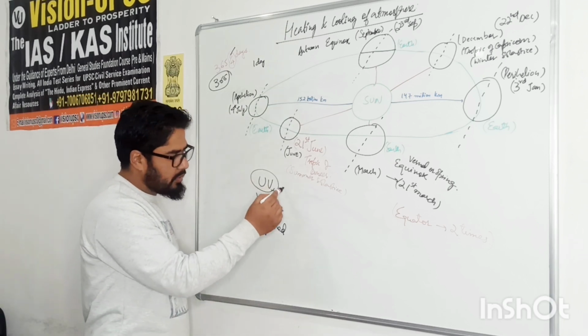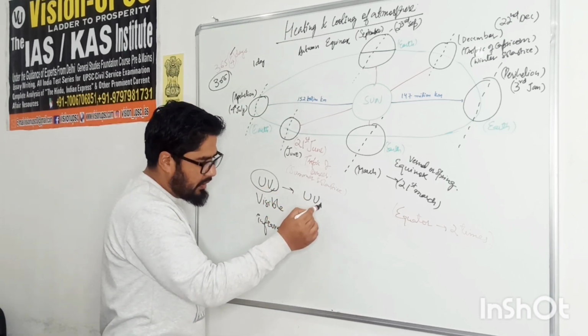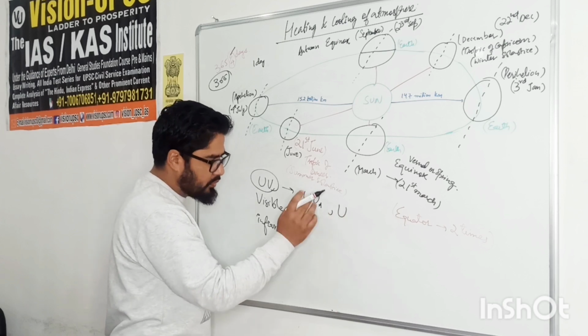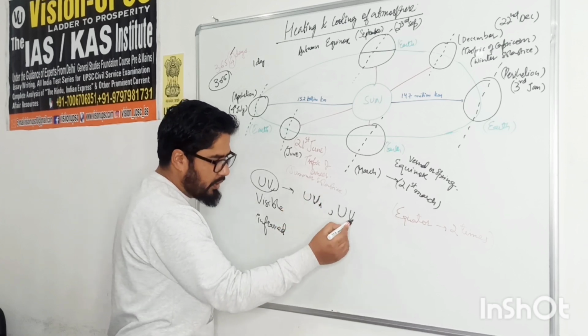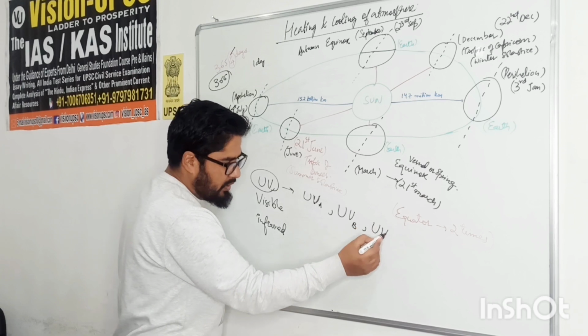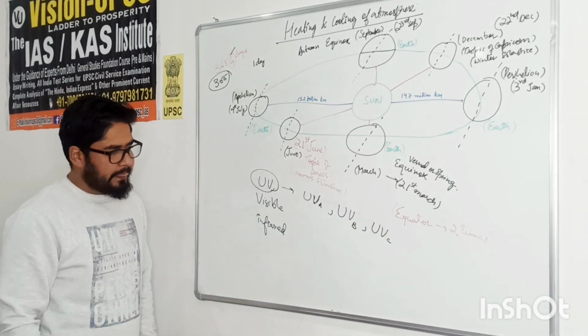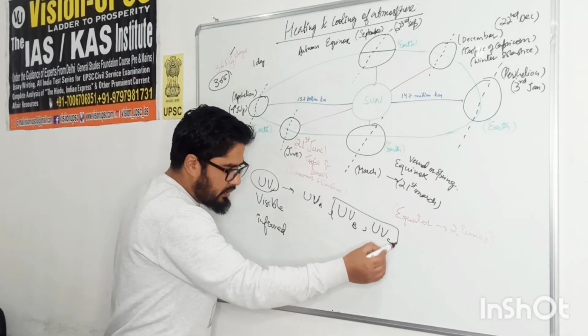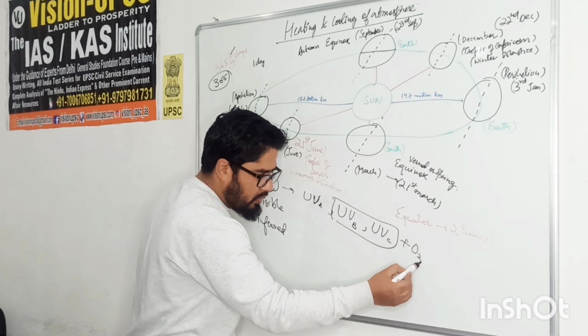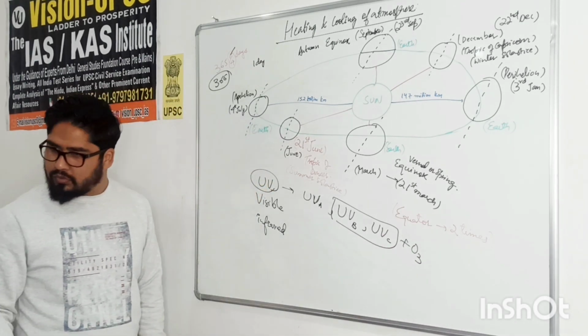How this is consumed? UVA, इसके तीन parts, UVC. This UVB and UVC combines with ozone.